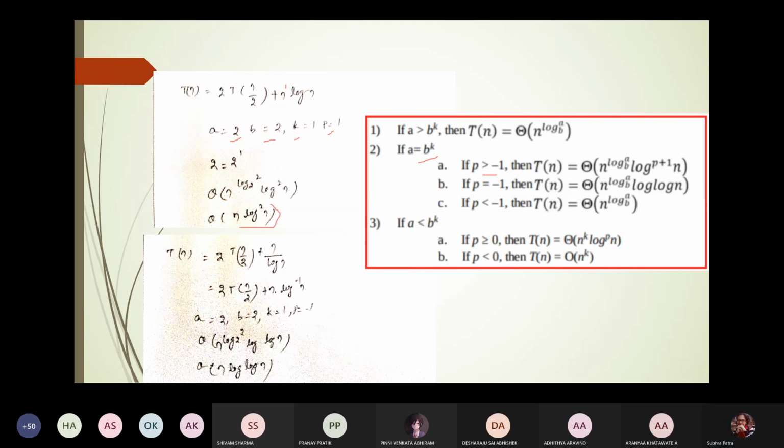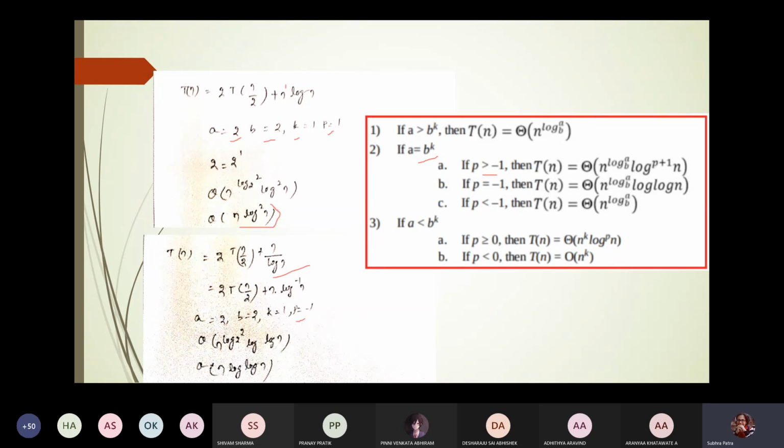So next case, if we take T(n) equal to 2T(n/2) plus n divided by log n. Here it was n multiplied by log n to the power P, and here it has become n divided by log n, so n multiplied by log n to the power minus 1. So P has become minus 1, right?